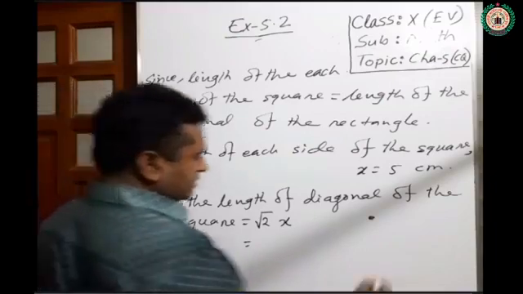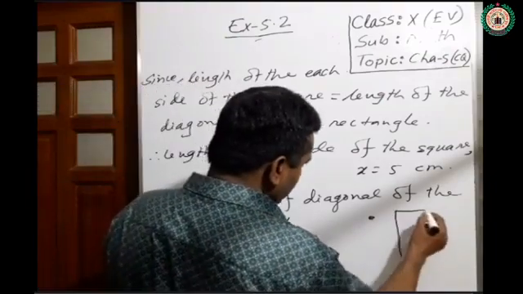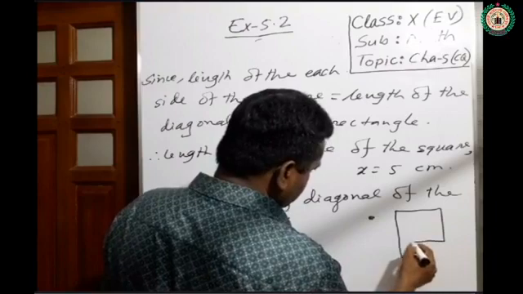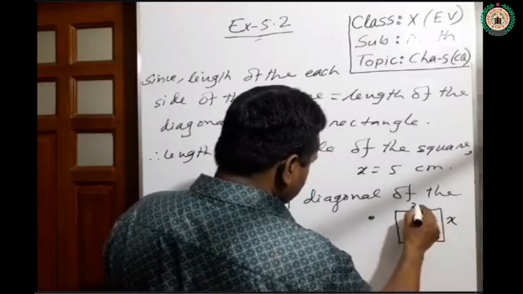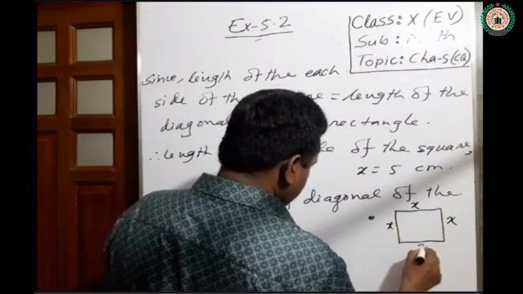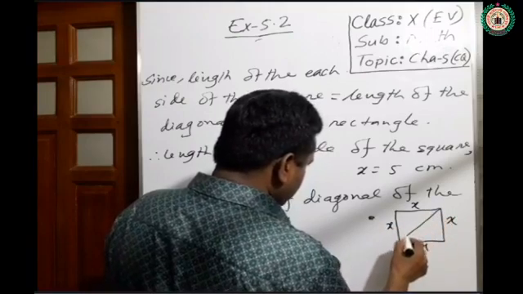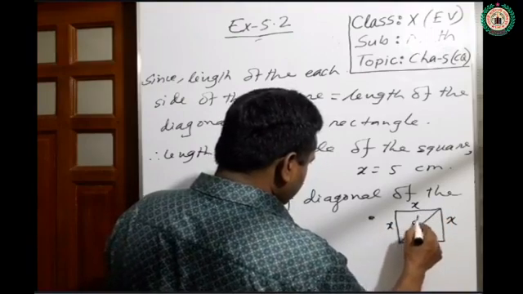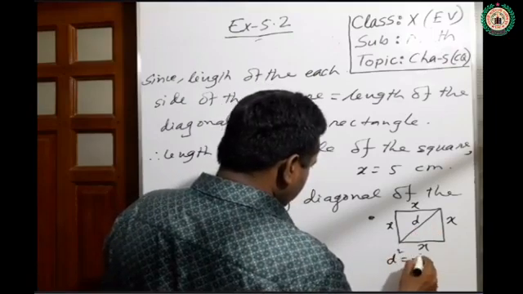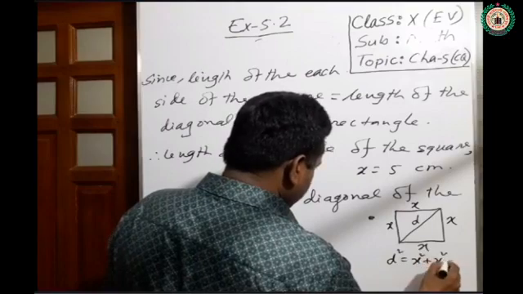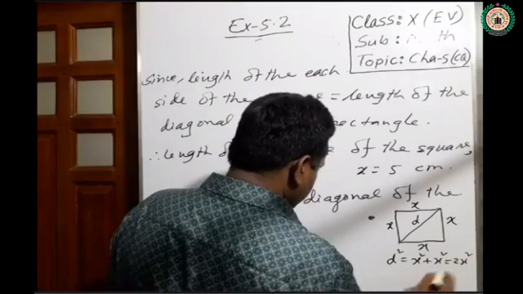How we get it? Suppose you have a square. Length of each side is x. So its diagonal is d. So by Pythagoras you can say d square equal to x square plus x square equal to twice x square.